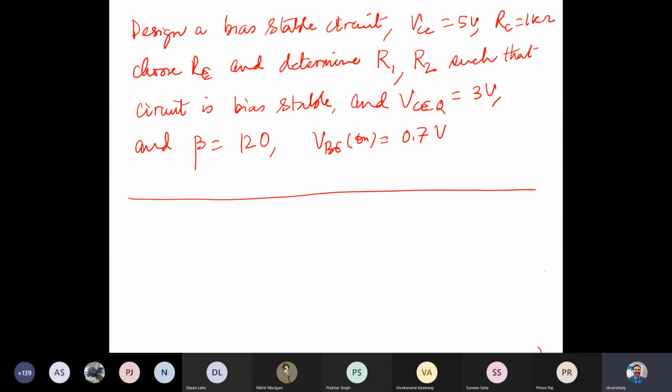So you can choose, let's say, 0.5 kilo ohm, or 0.3 or 0.2 also. It has to be less, not a very high value of RE. If you take very high values, check what's going to happen. If I take 2 kilo ohm or 5 kilo ohm for the given circuit, try out what happens in terms of current and voltages. That will be a good exercise as well.